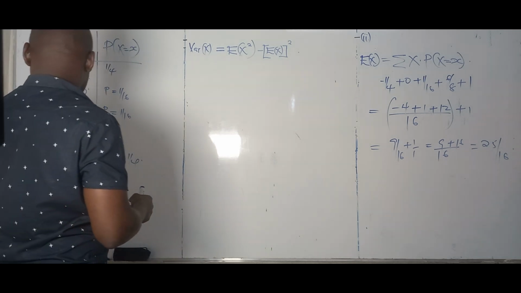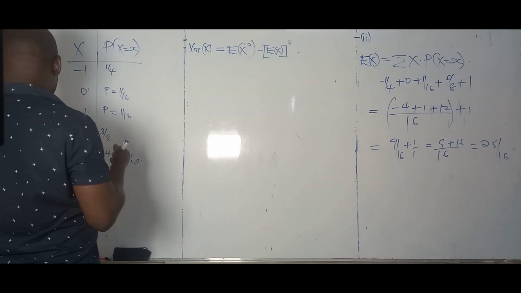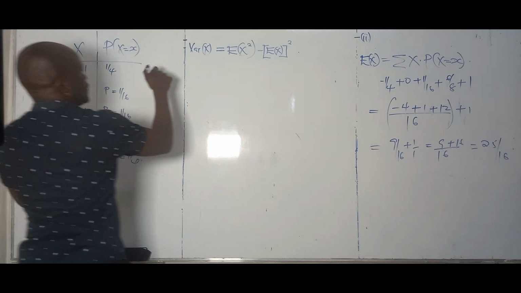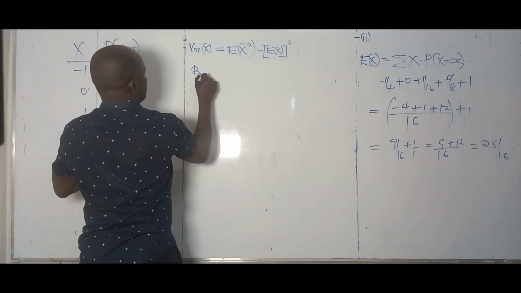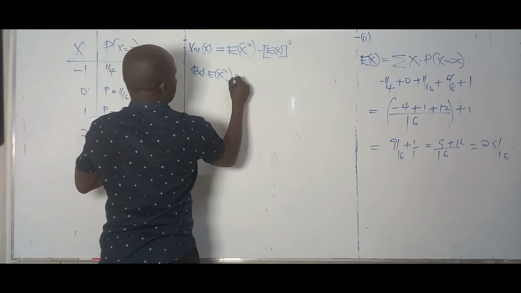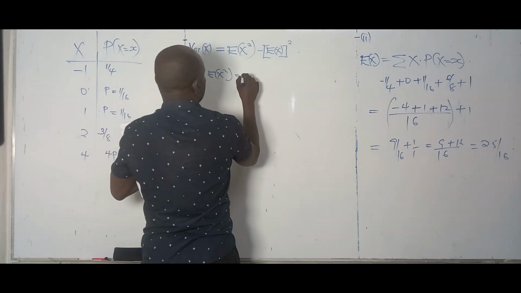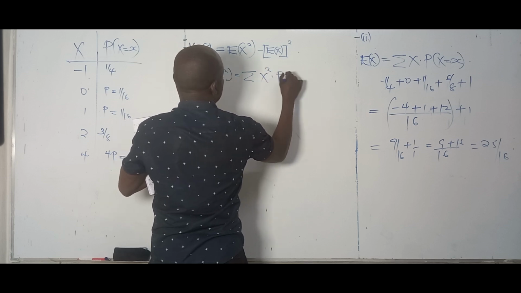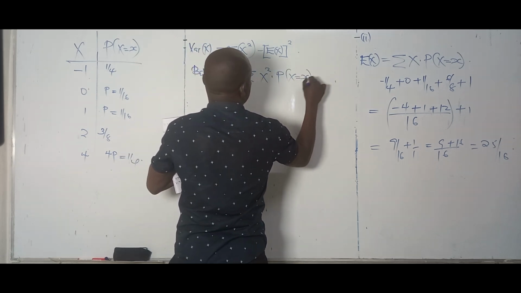It will be... I say, but the expected value of x squared is given as the summation of x squared times p of x.